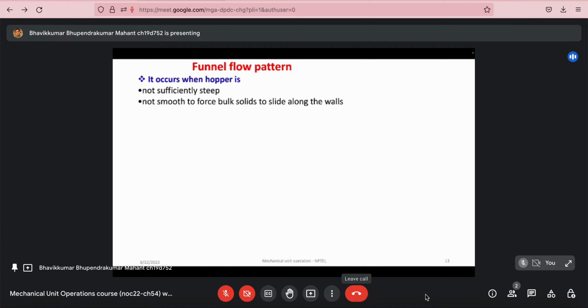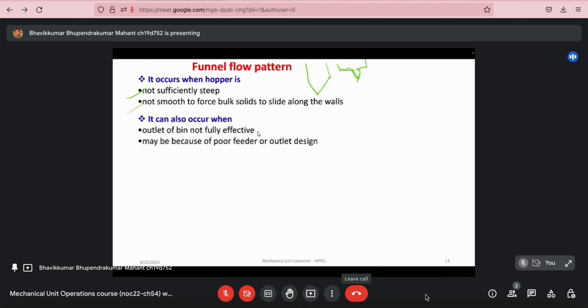So the funnel flow pattern occurs when the hopper is not sufficiently steep, not smooth enough to force bulk solid to slide along the walls. If it is not steep, or it is in a different design, then the funnel flow pattern can be generated. And if it is not smooth, then the same problem will happen.